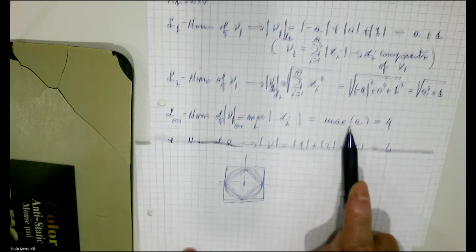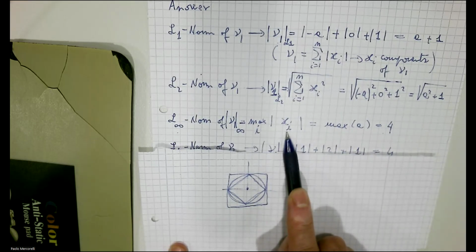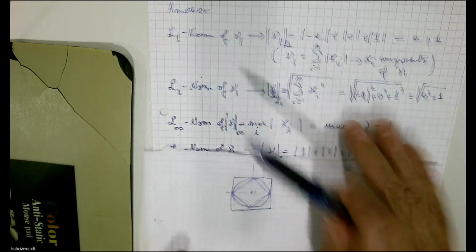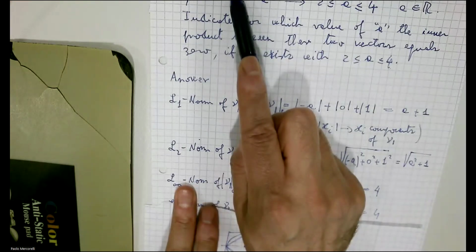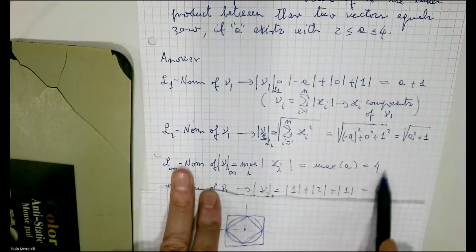For the vector v1, that A is between 2 and 4, this means the maximal value of A. This means 4.